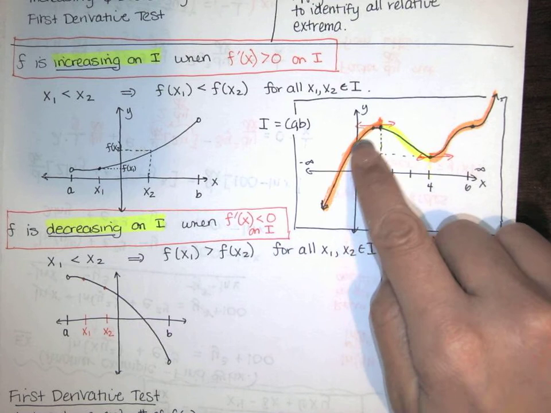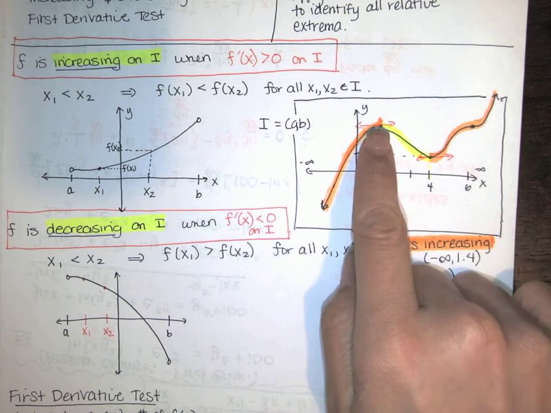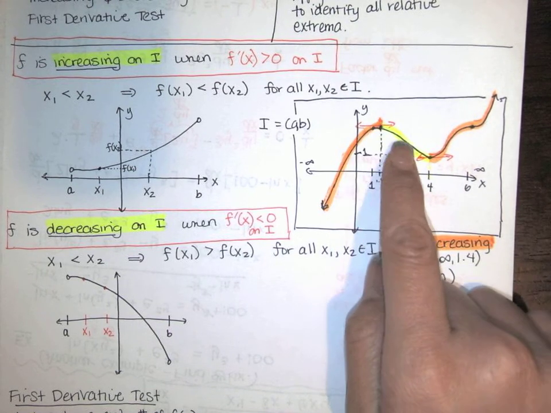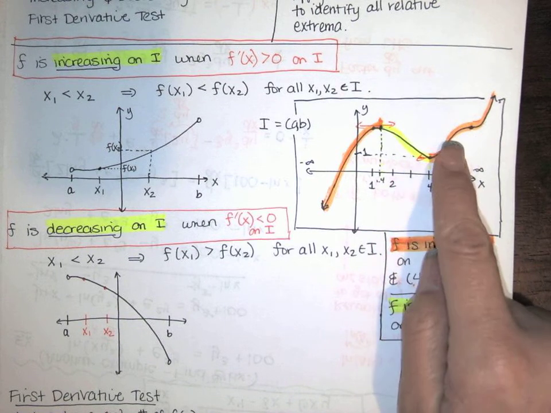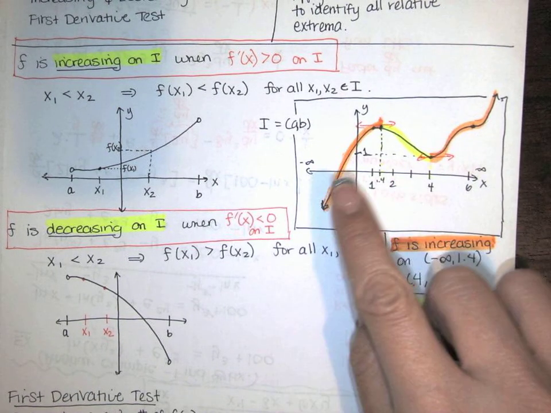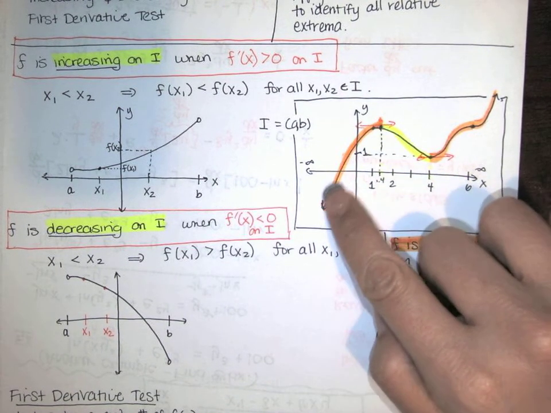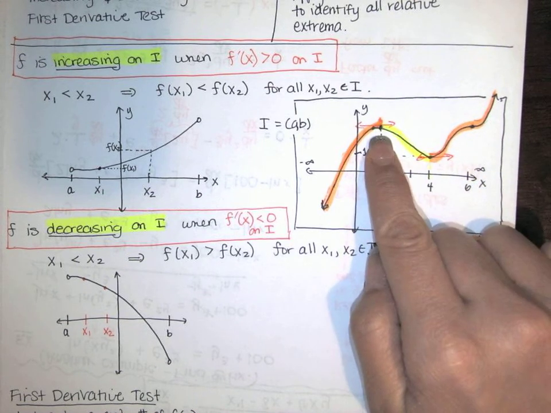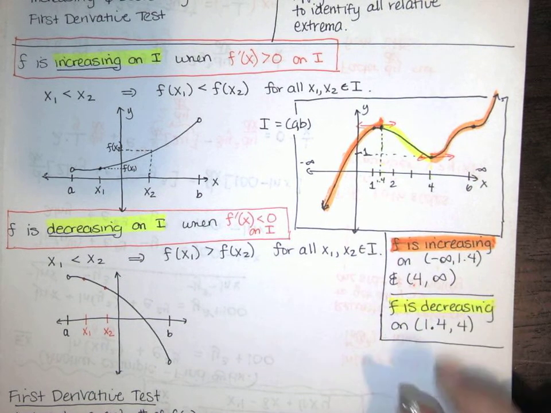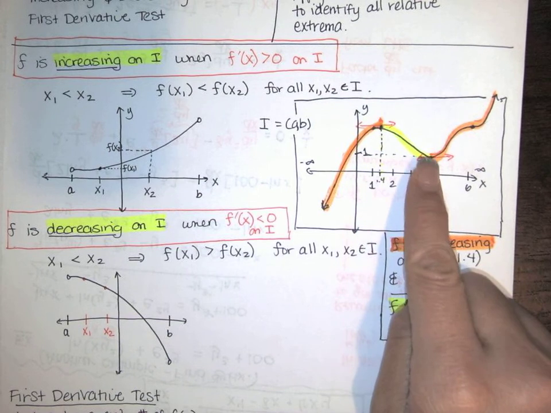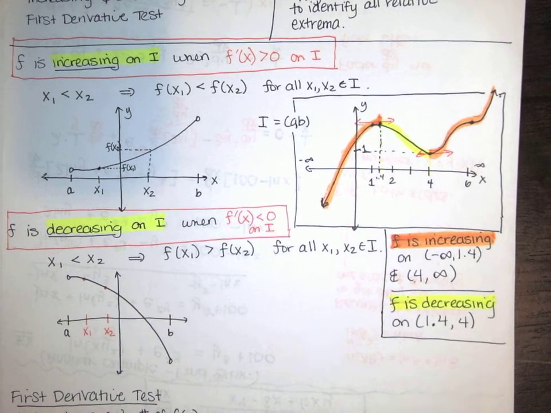So this is f prime is positive, f prime is 0, f prime is negative. F prime is 0, f prime is positive. So if f prime goes from positive on this side, so it means it's increasing, to 0 and then to negative, we get a max. Or if f prime goes from negative to 0, then to positive, we get a min.